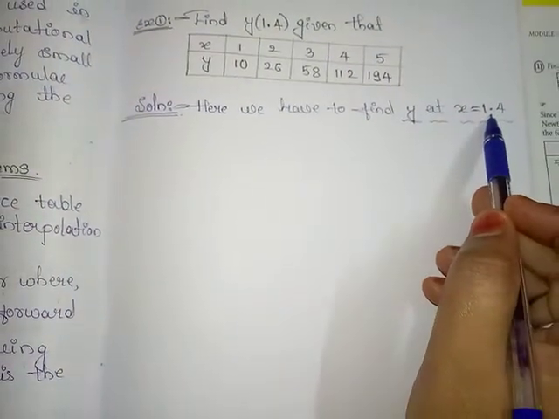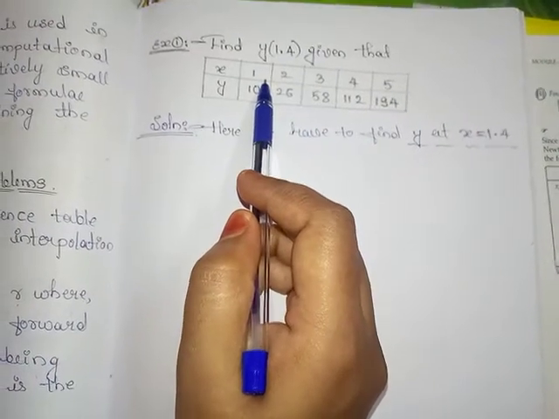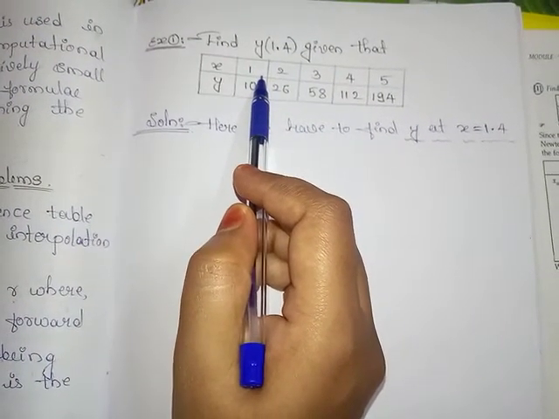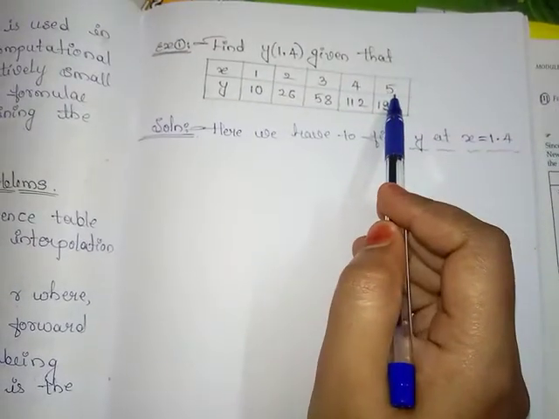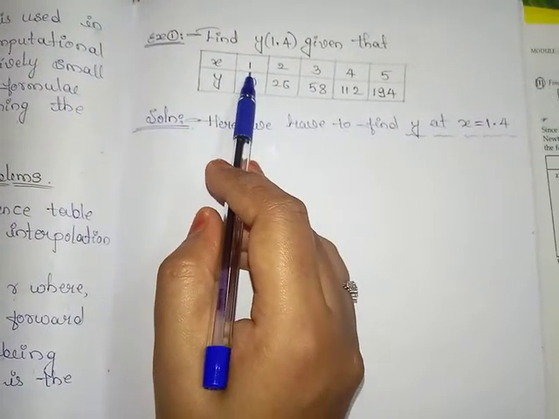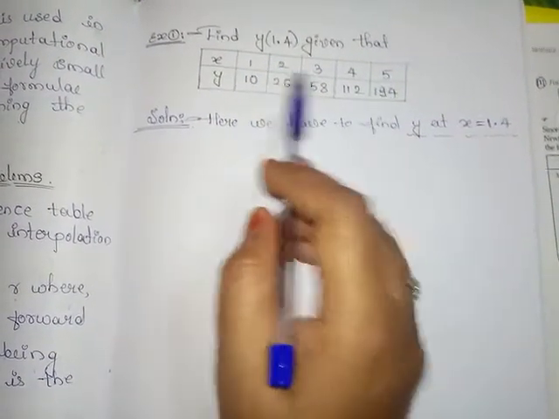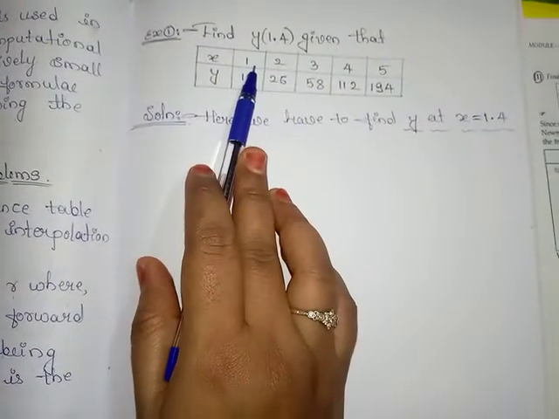That means this 1.4 lies in the first half, near to x naught, not xn, right? So our x value of 1.4 lies in the first half.